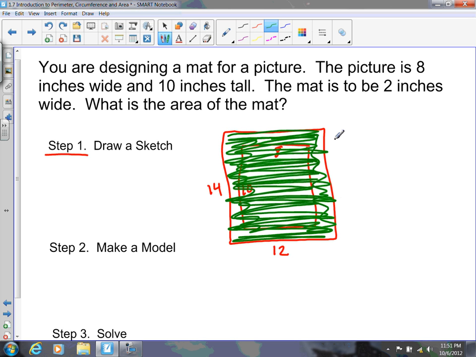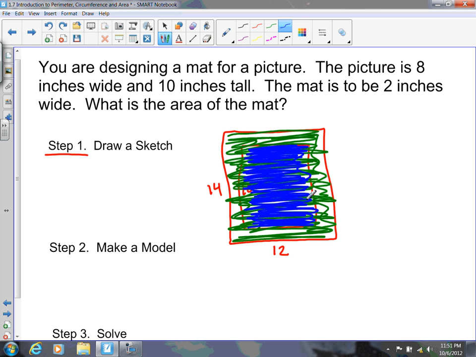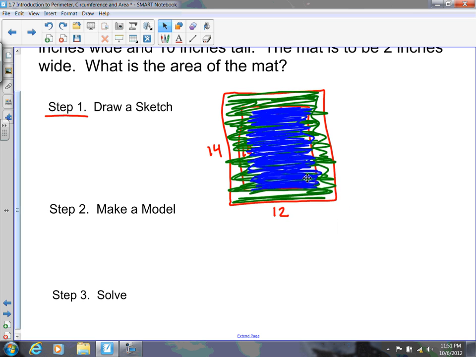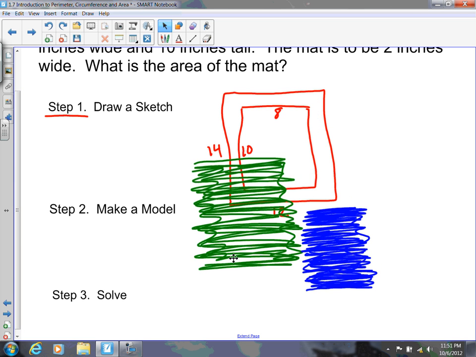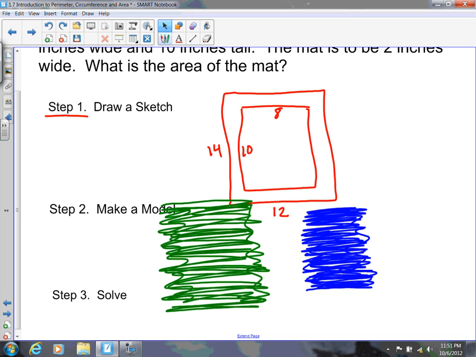I'm going to find the area of the big rectangle, and then I'm going to also find the area of what I don't want. I don't want this piece in here. So if I take the area of the big rectangle and subtract out the area of the blue rectangle, I should be left with the green pieces. So my model is I'm going to find the area of the little rectangle and the big rectangle, and I need to subtract.